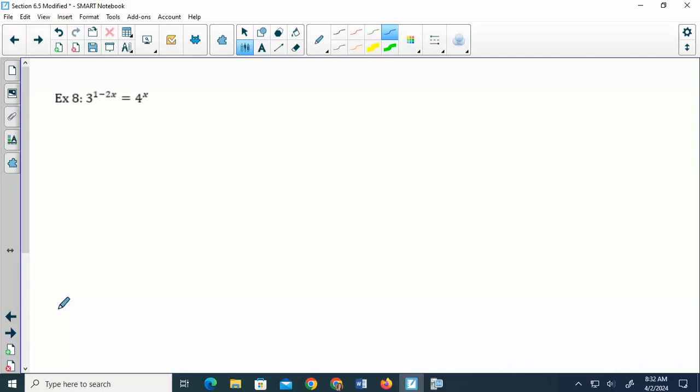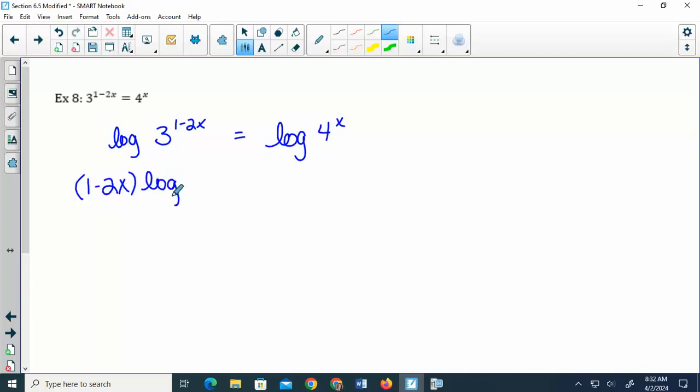Okay, so walk me through it, guys. Then what? And make sure you put the 1 minus 2x in parentheses. Now what? You want to divide?